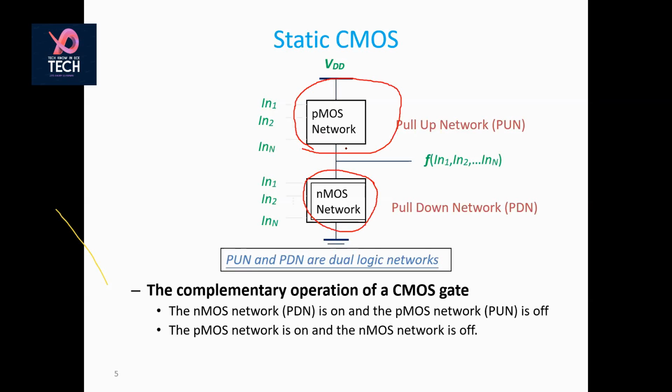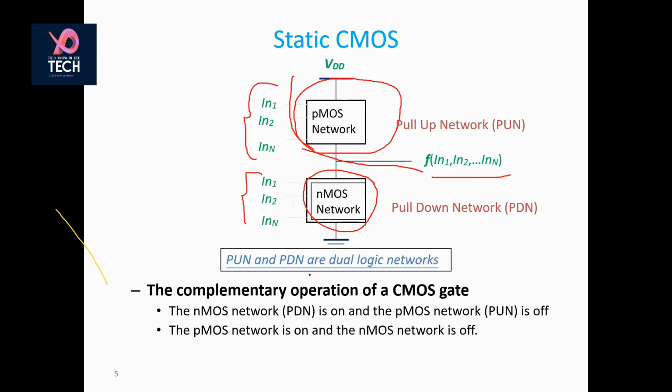So whatever logic is to be implemented in a combinational sequence, both of them need to be in this particular fashion. That means equal number of transistors for input at pull-up network, equal number of transistors for input at pull-down network. So basically, pull-up and pull-down are dual of each other. And your output is a function of your inputs.